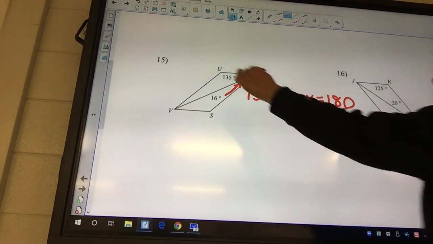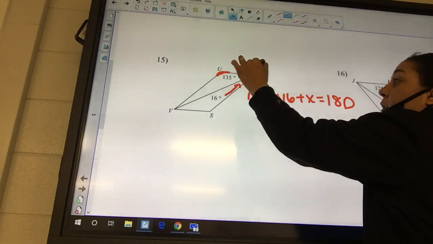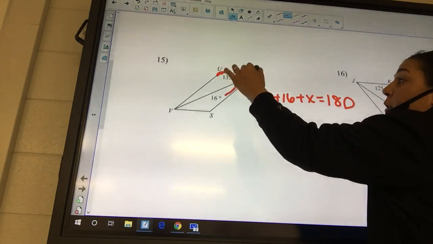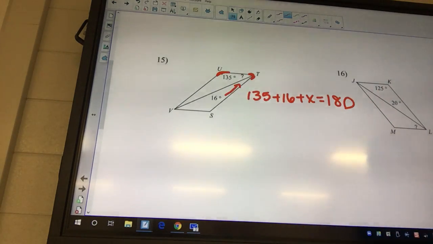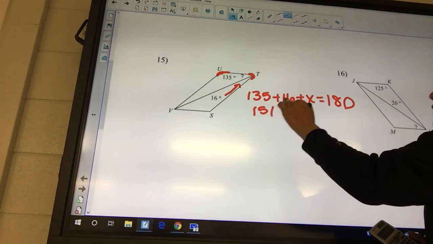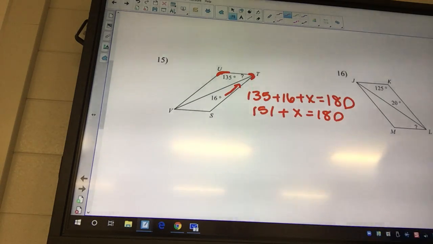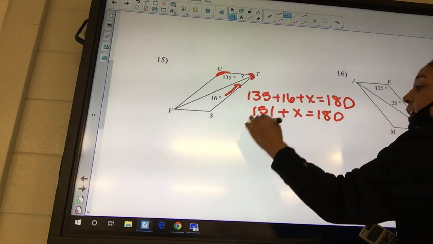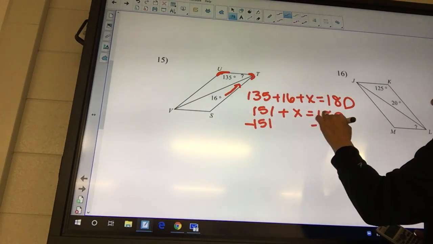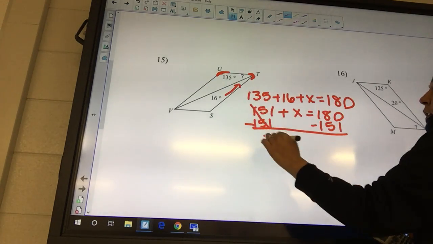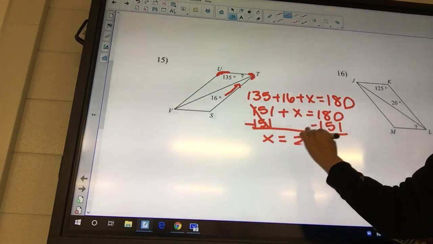Right here, they're looking at this one and then at this one. This question mark and that 16 go up there. So 135 plus 16 is going to be 151 plus X equals 180. Then we can subtract 151 from both sides, and I got X equals 29.